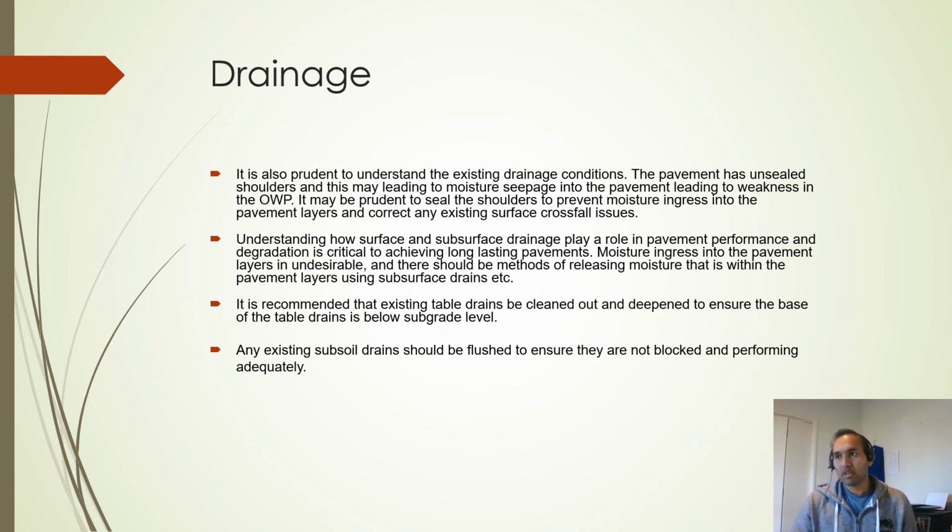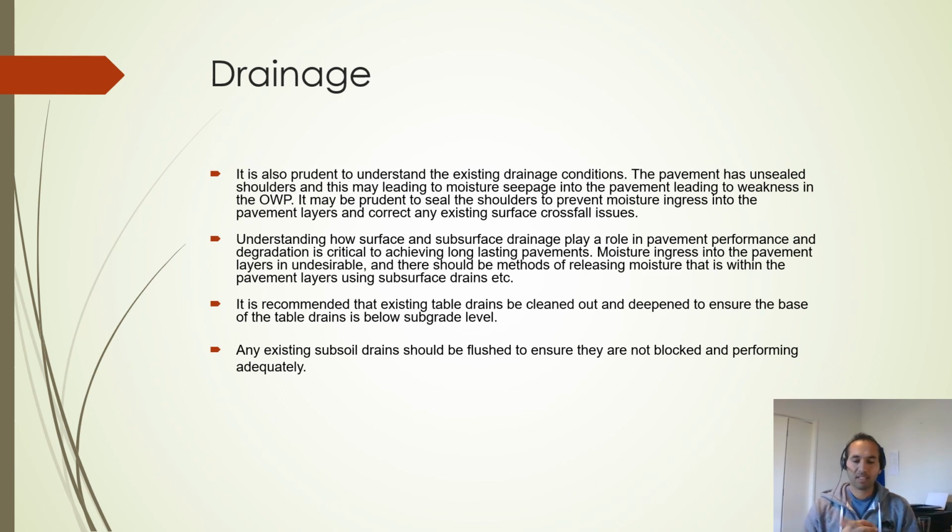So one of the most important things, while structural rehabilitation has been discussed, is actually drainage itself, keeping water out of the pavement. And one of the best ways to do that is crossfall, table drains, subsoil drains, sealing the cracks as they appear, flushing out the drains, making sure they're clean, making sure they're graded, making sure water always flows away from the pavement. We don't want any ponding on the road, near the road, anything like that.